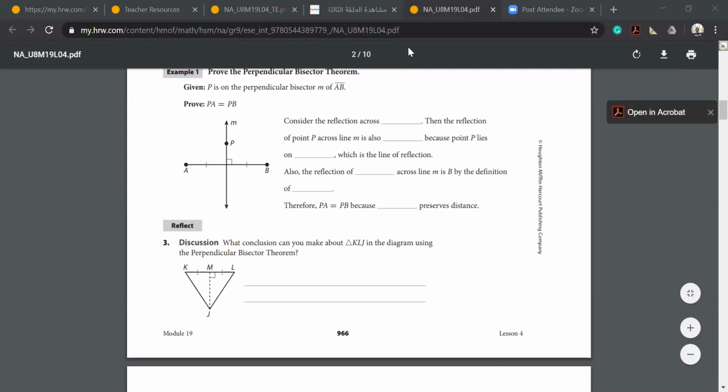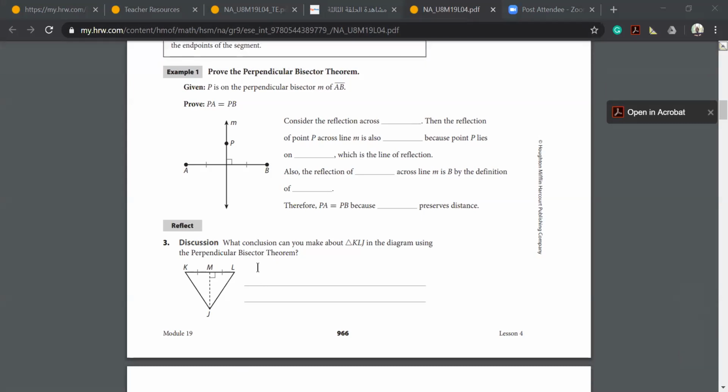So the question is, what conclusion can you make about triangle KLJ in the diagram using the perpendicular bisector? Since this is equal and this is a perpendicular bisector, we found that JK should be equal to JL. Okay, understood? Very good.